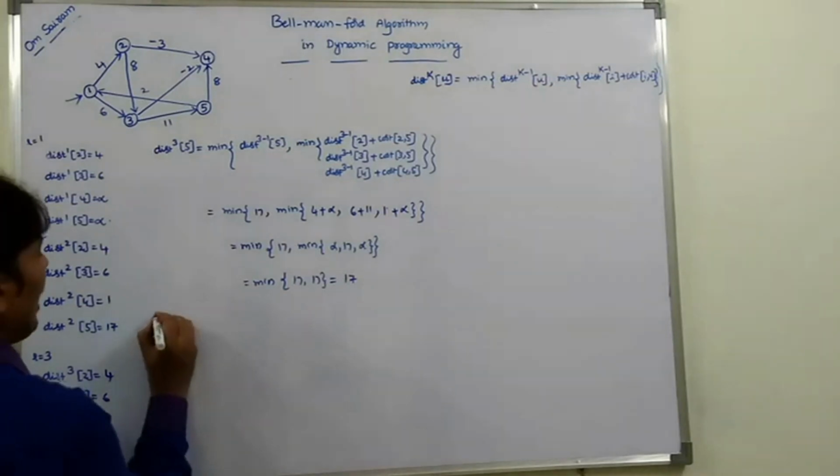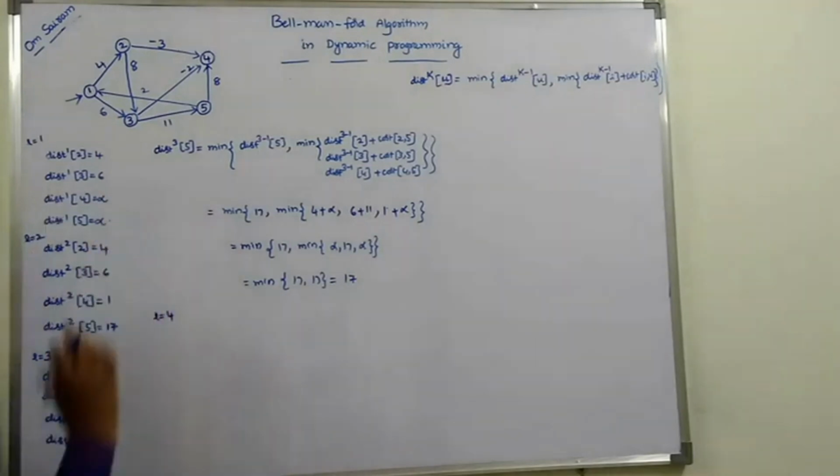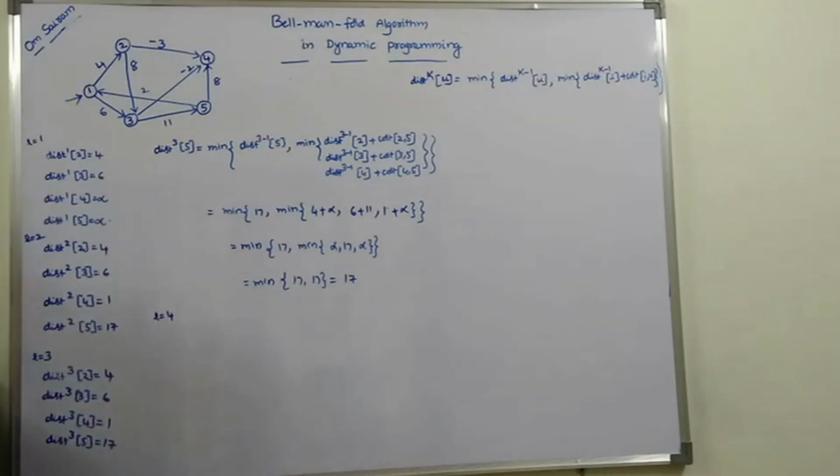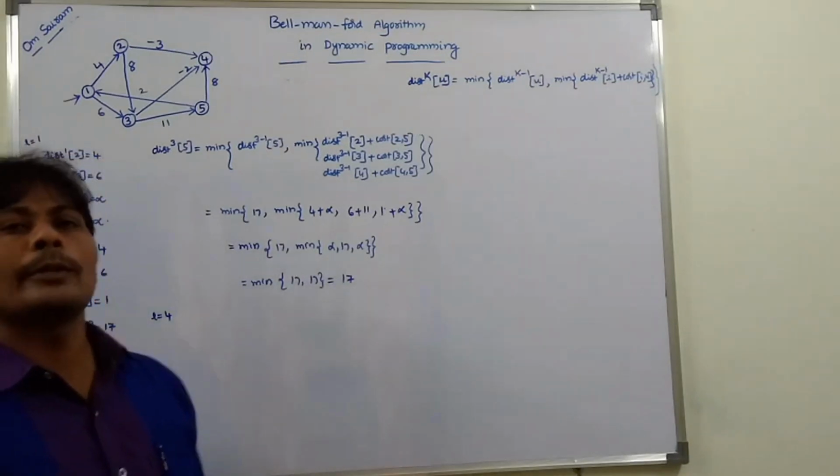Now L value is equal to 4. All the vertices are completed. Now L value is equal to 4 is nothing but, to find out the shortest distance from source vertex V to destination vertex U by considering at most L number of edges. So now L is equal to 4.